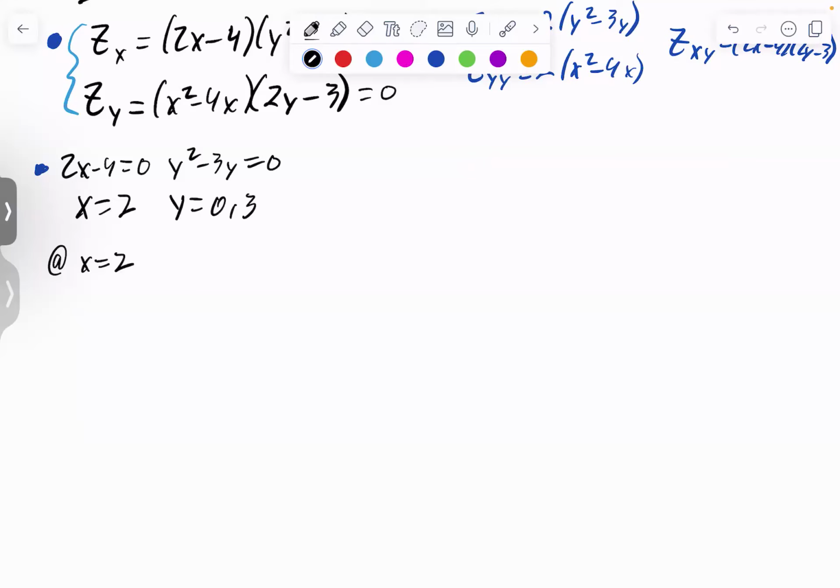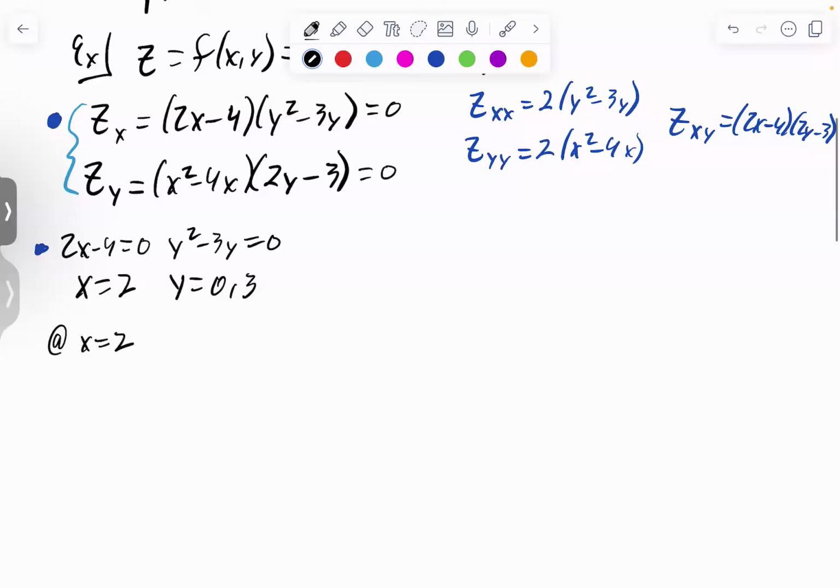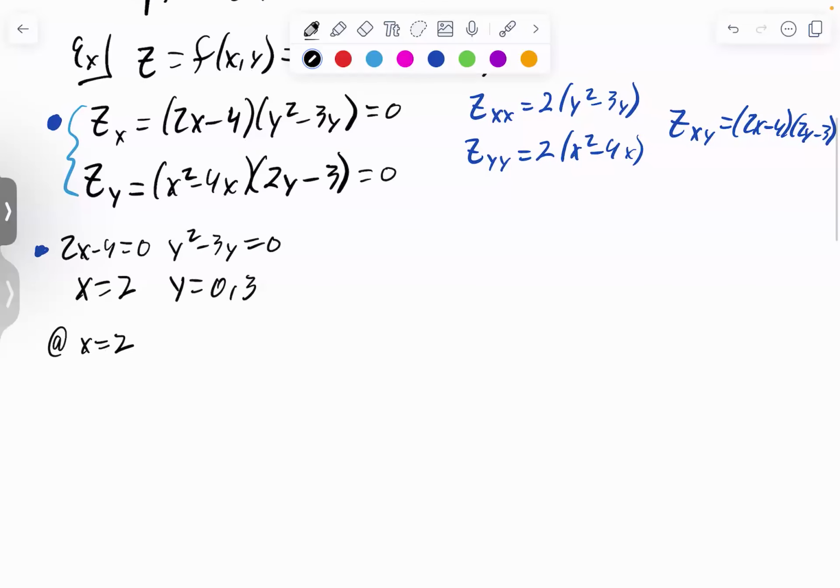Well, I'm now going to go back into the other one. So this is all from the first equation. I'm going to put everything into here. So when x equals 2, I get 2 squared minus 4 times 2, and then y squared minus 3y equals 0.